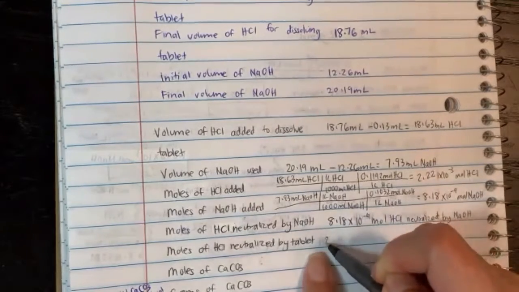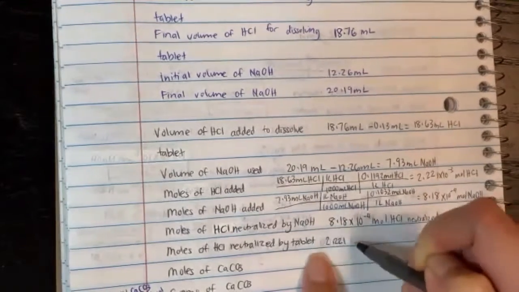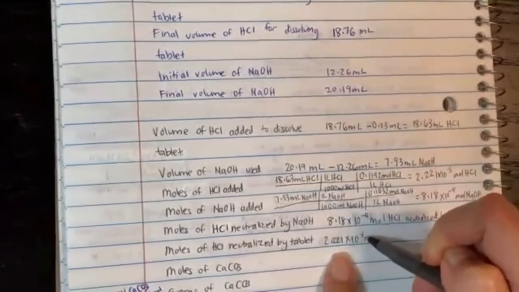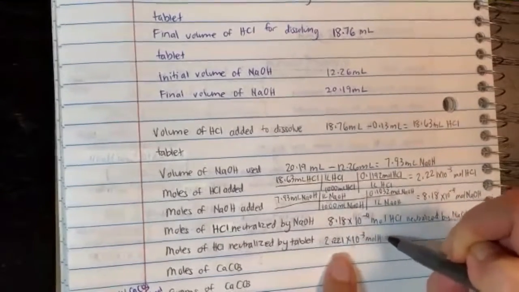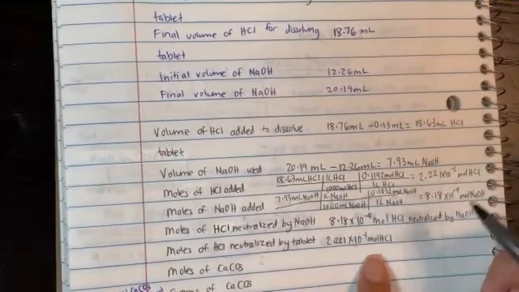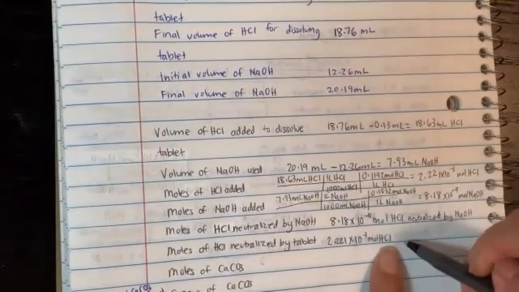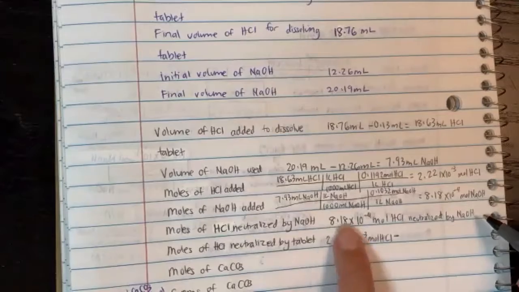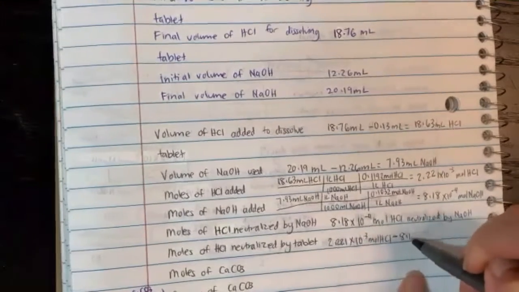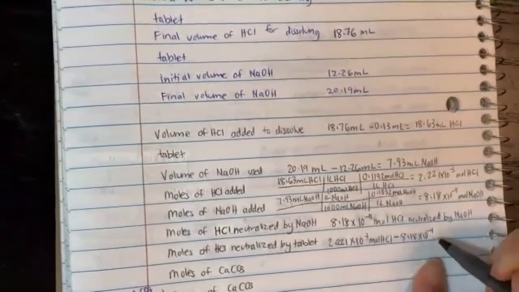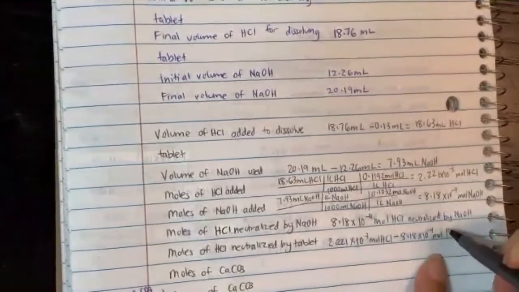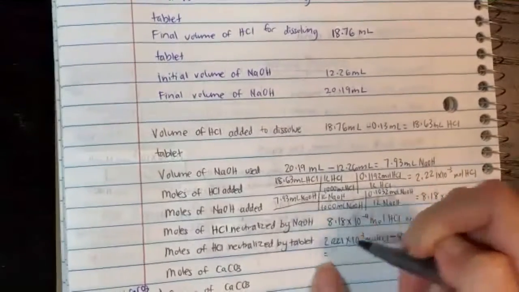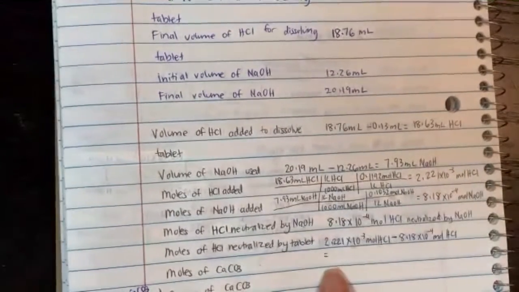It will be 2.221 times 10 to the minus 3 moles of HCl that you calculated from the whole titration, because you used a whole bunch of HCl and part of it was neutralized by NaOH. So you subtract out 8.18 times 10 to the minus 4 moles of HCl. Then you will get the moles of the HCl that's neutralized by the tablet.